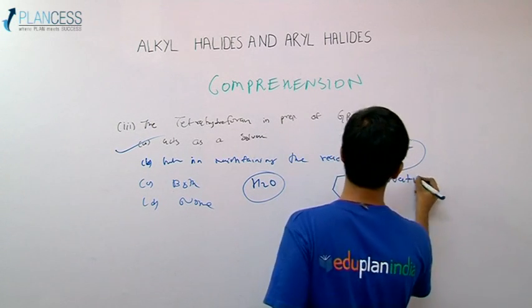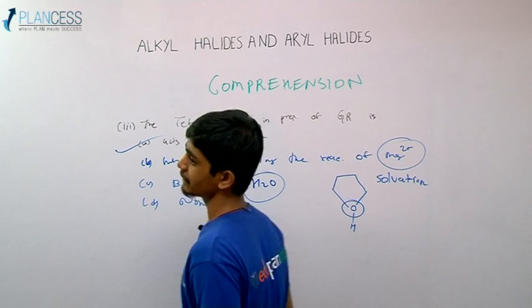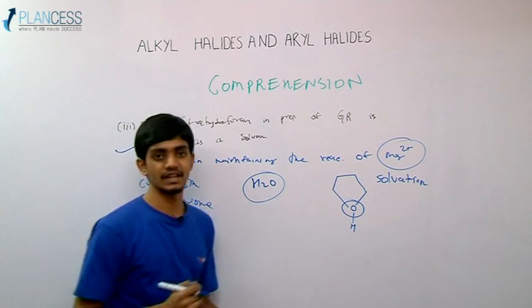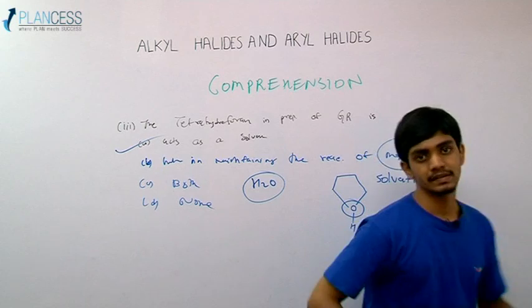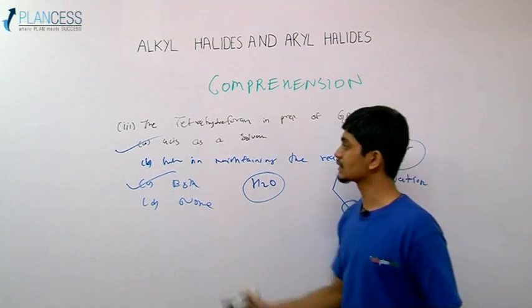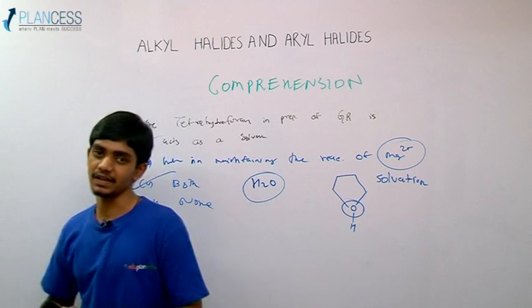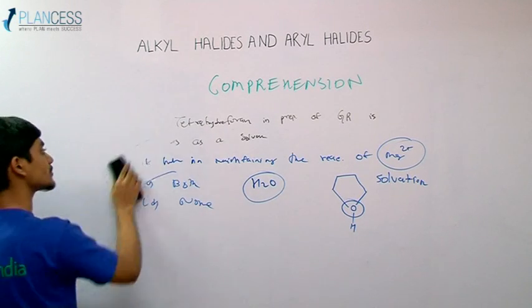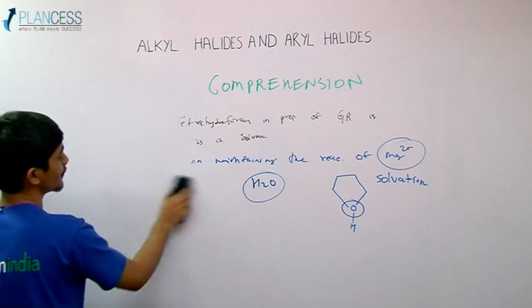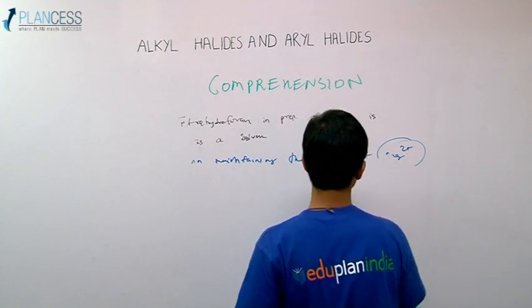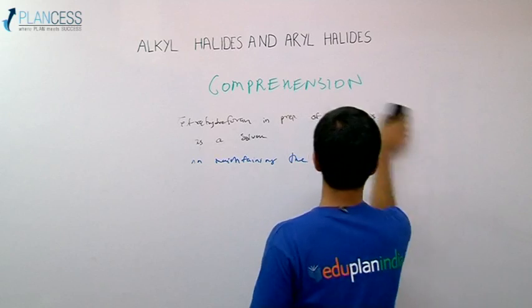And since this is a non-polar solvent, this does not solvate the Mg2+ and it maintains the reactivity of Mg2+, and hence the role played by tetrahydrofuran is both as a solvent and maintaining the reactivity. Fine. So these were some facts about Grignard reagent which can easily be logically deduced, but this was a nice comprehension to give us some detail about it.